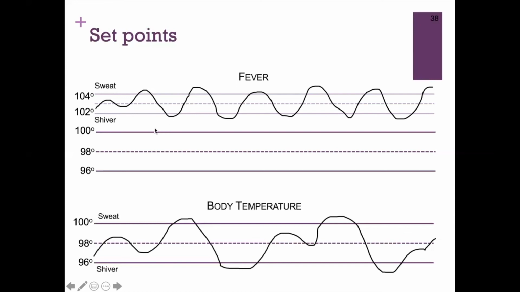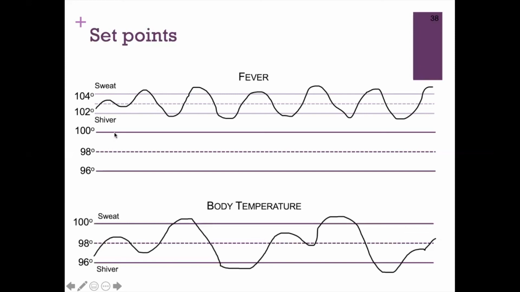But what you also notice is the gap gets narrower as I changed my set point. What it means is I'm trying to keep this very tightly bound right around that 103, and I'm going to regulate it more closely.